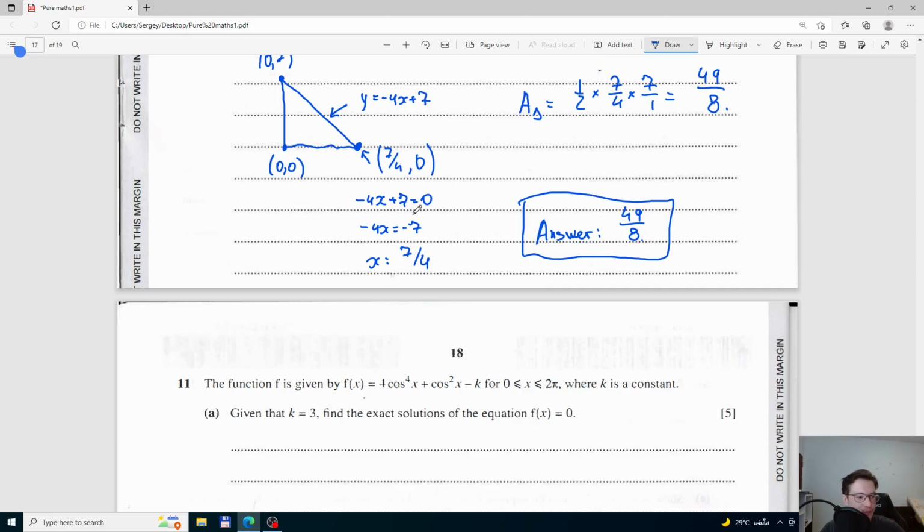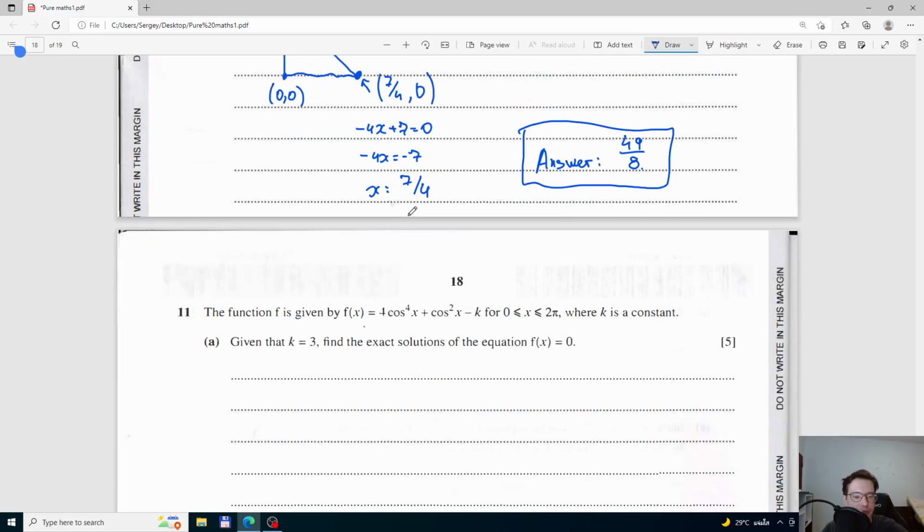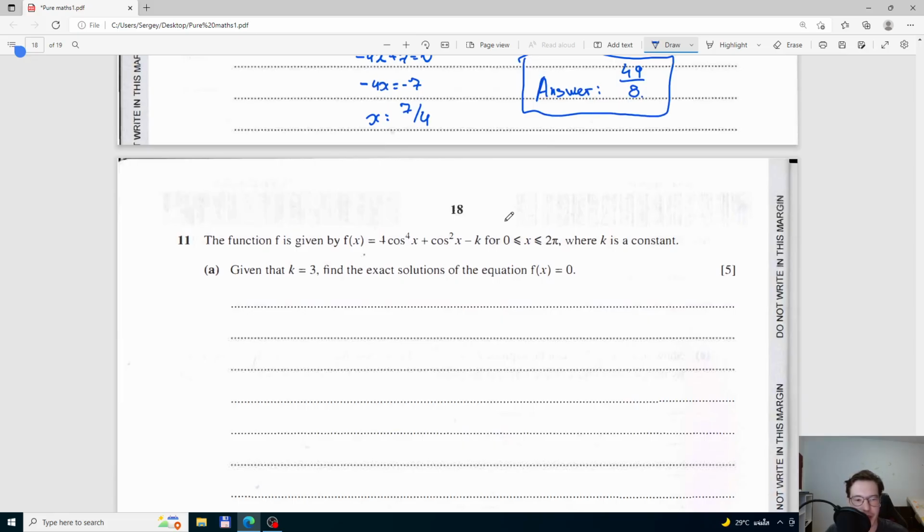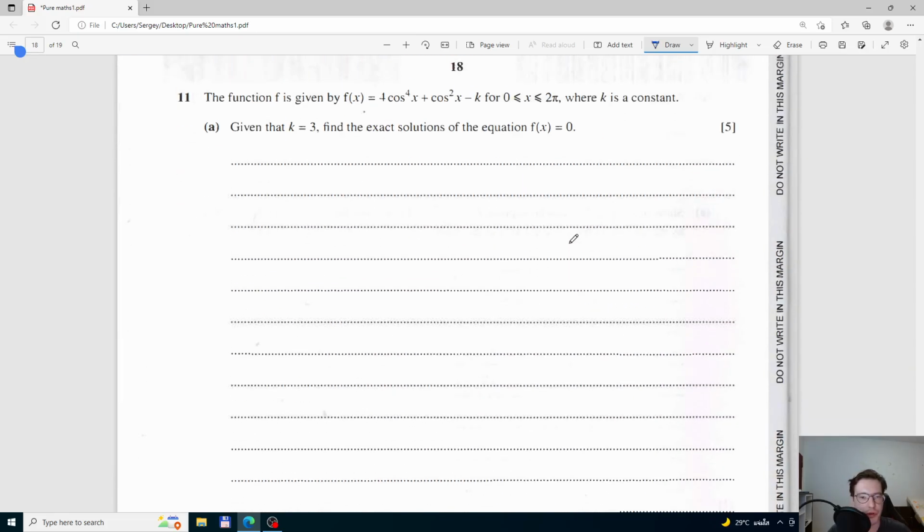Okay, next question. Given that k equals 3, find the exact solutions of the equation equals 0. Okay, so first of all, I will make the variable change: t equals cosine squared x.